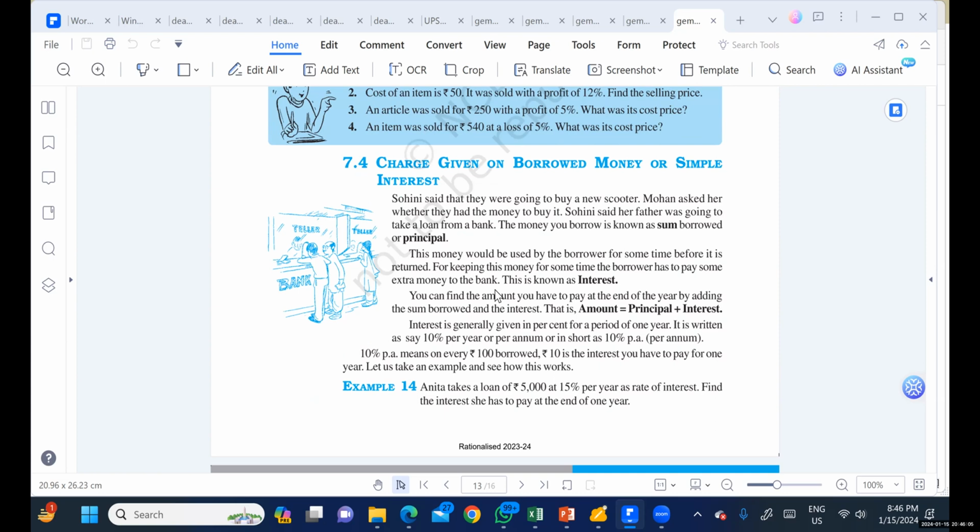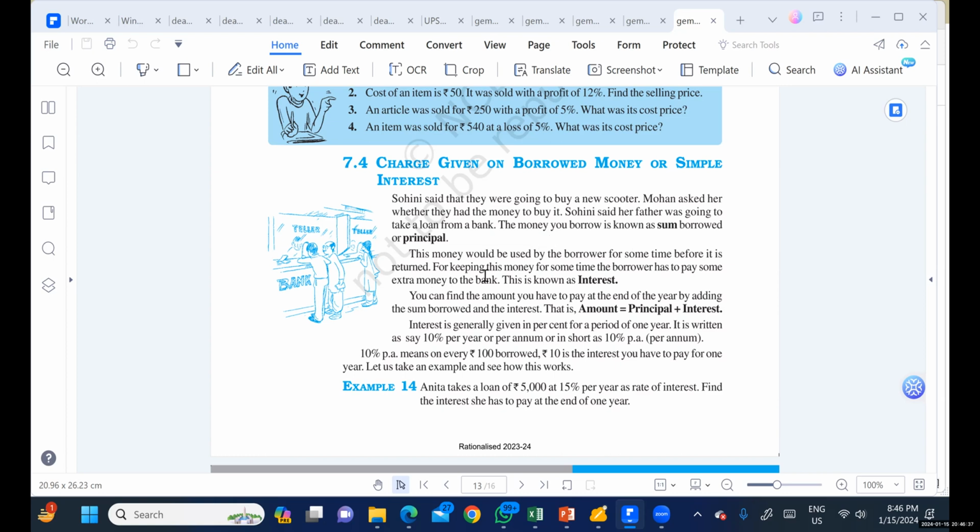Let's understand this. I hope you all can see my screen. Yes, sir. Sohini said they were going to buy a new scooter. Mohan asked whether they had money to buy. Sohini said father was going to take a loan from a bank. The money you borrow is known as sum borrowed or principal. And the cost to borrow that money is called the interest.